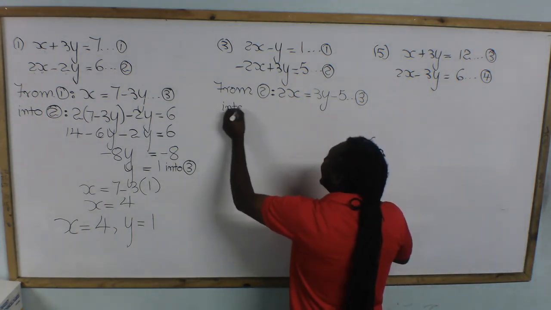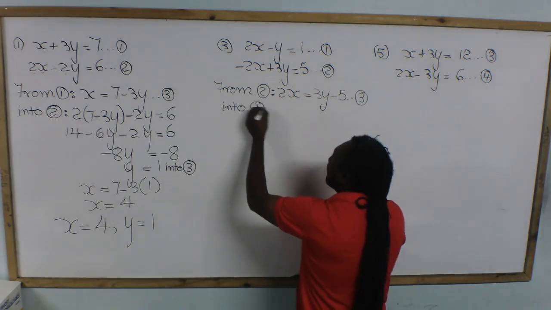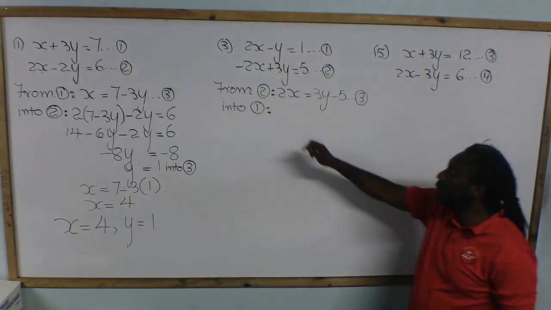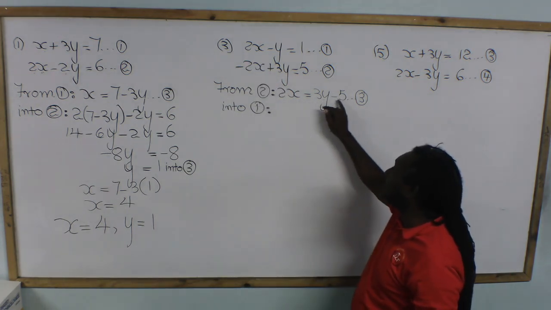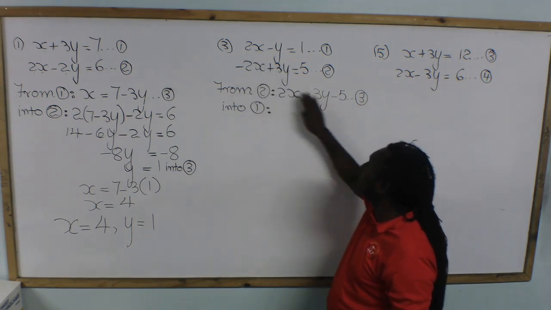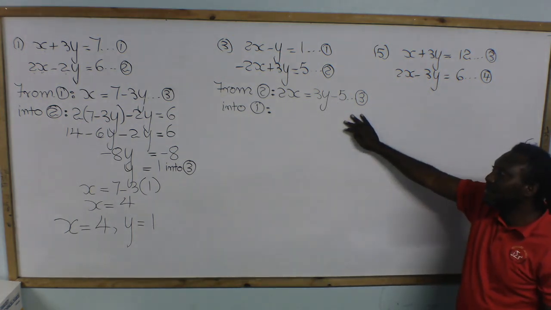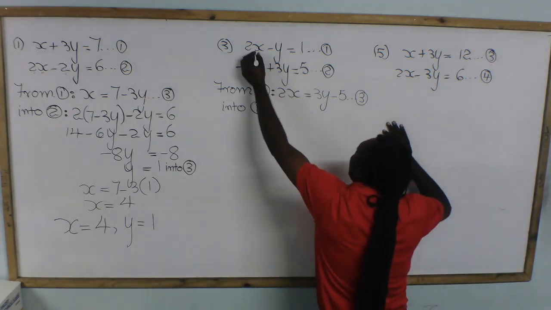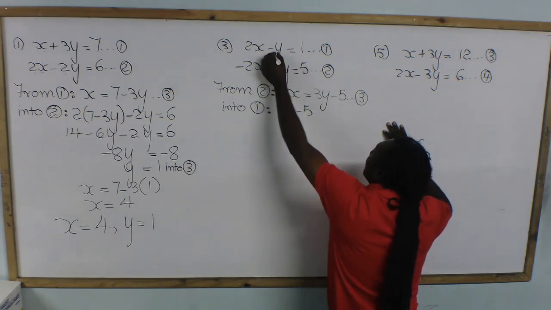That we put into which equation? Into equation 1. When we put that into equation 1, as soon as we see 2x, we say 2x is equal to 3y minus 5. So when we see 2x, we will just put 3y minus 5. That's a legitimate substitution. So we have put the 2x as 3y minus 5.